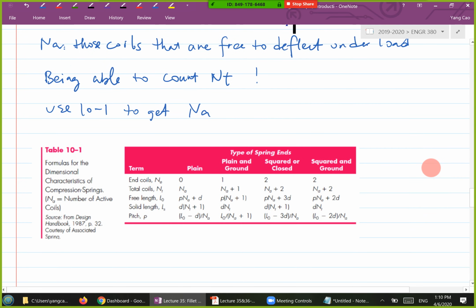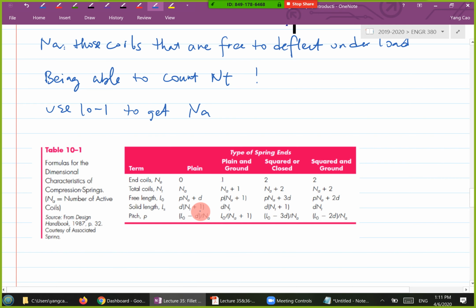There are different columns referring to the different ending types. Given the ending type, you have the formulas relating NA and NT, and also for calculating the free length and solid length based on your NA value and the pitch. So this is a good table to use.